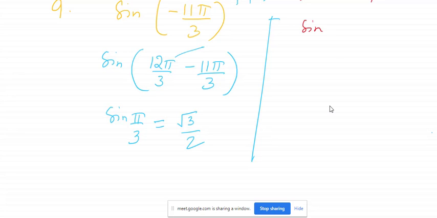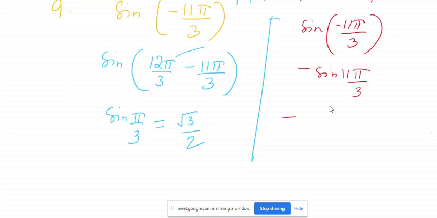The second method: first you can write sine of minus 11 pi by 3 as minus sine 11 pi by 3, and then you can break 11 pi by 3 as 4 pi minus pi by 3. So this will go in which quadrant? Fourth quadrant, so it will become plus.